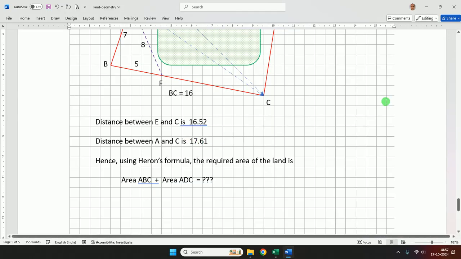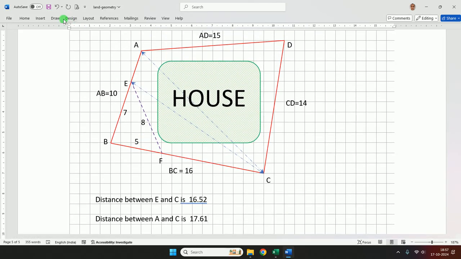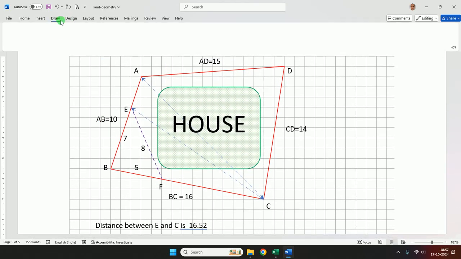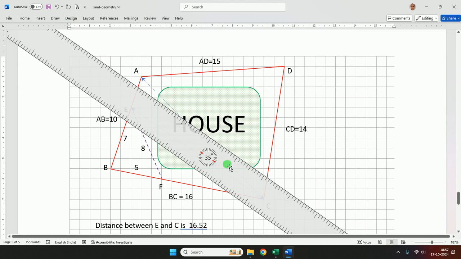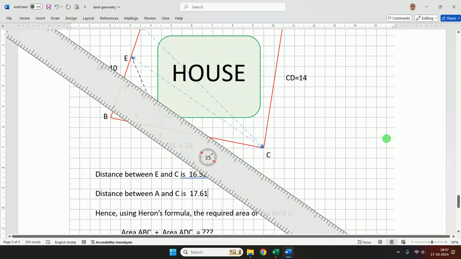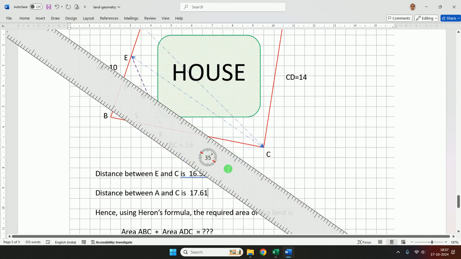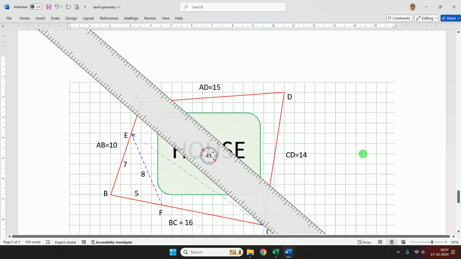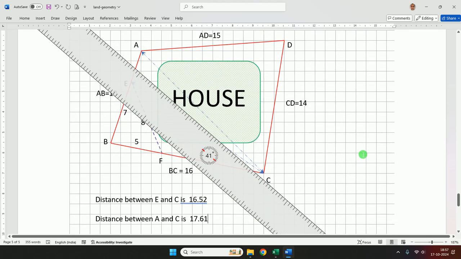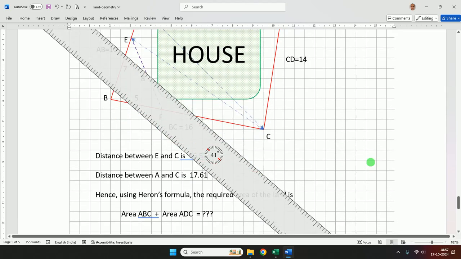And let us again see our ruler, what it does.